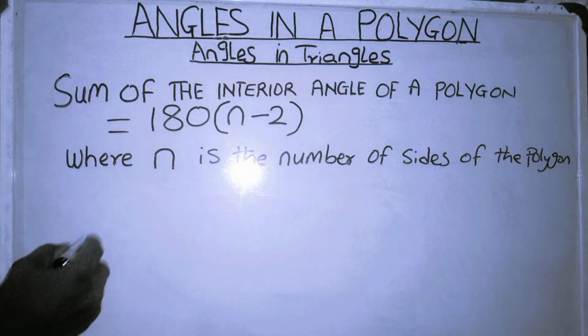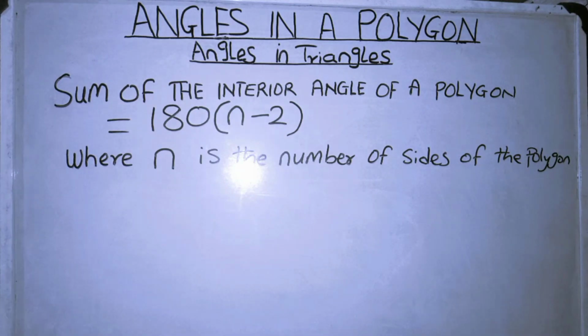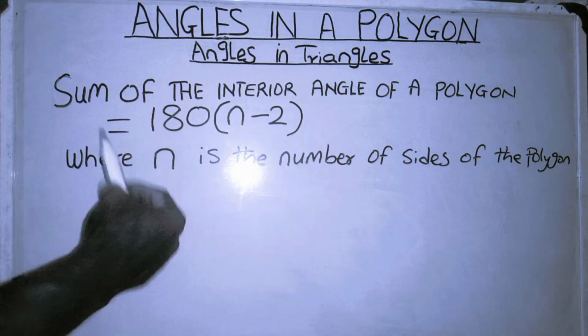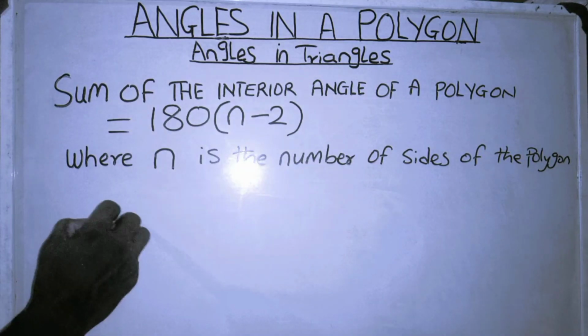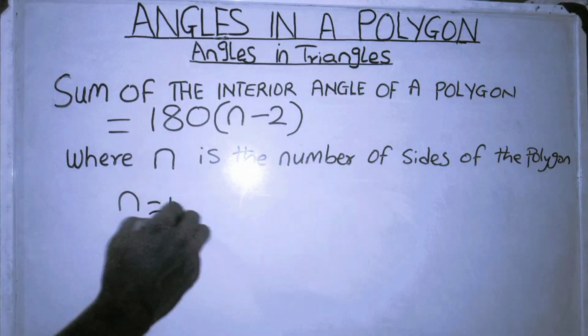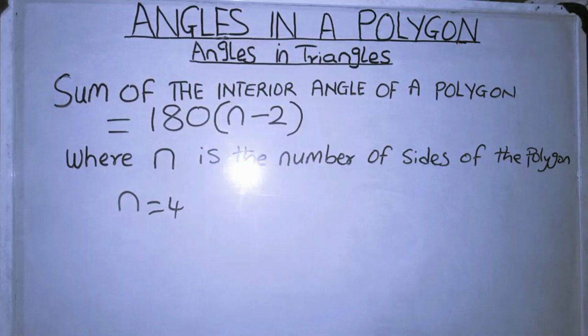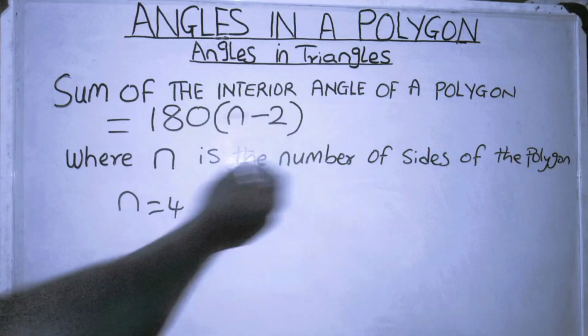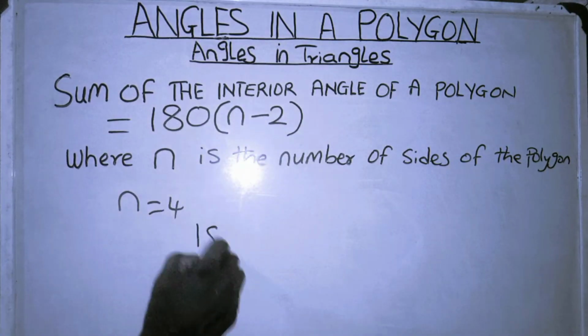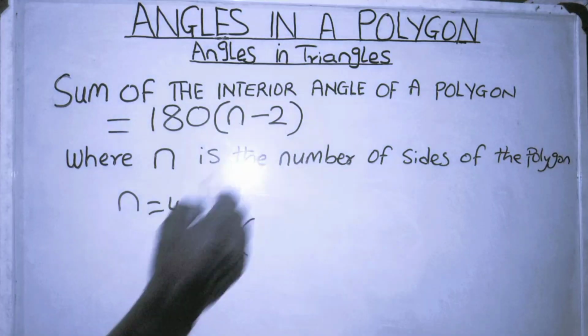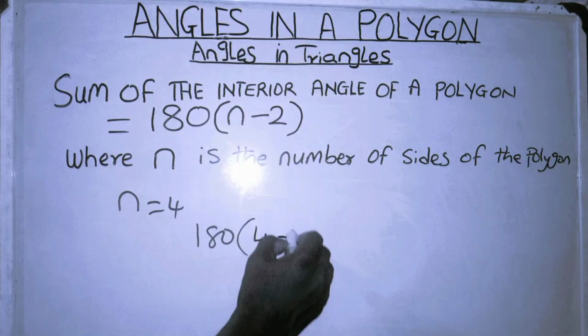So if I want to get the total sum of the interior angles of a quadrilateral, that means n will represent 4 because a quadrilateral has 4 sides. Plugging it inside the formula here, I have 180 bracket, in place of my n, I put 4 minus 2.